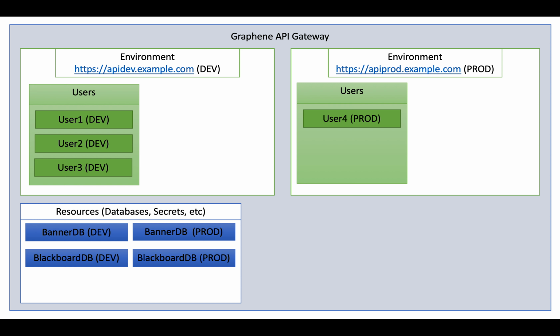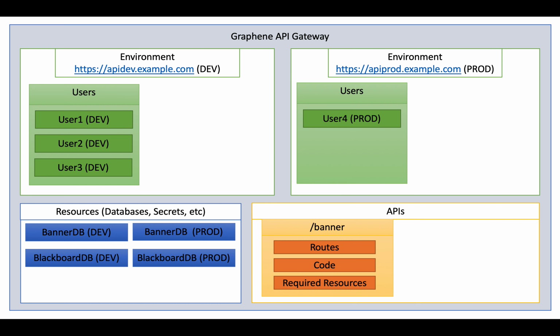So we can't say that in the production environment we're going to use a dev resource, or vice versa. We want to make sure that we're always mapping the correct resource for the correct type of environment. So here we've got two banner resources, one dev, one prod, and two Blackboard resources, one dev, one prod. And these both happen to be database type resources.